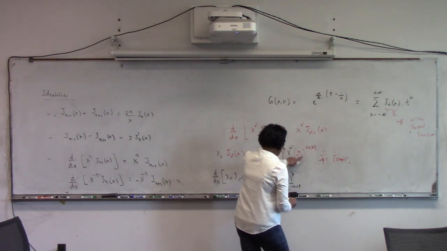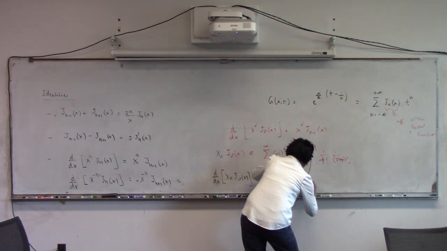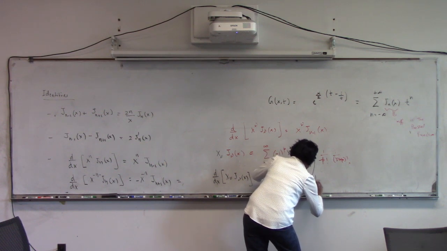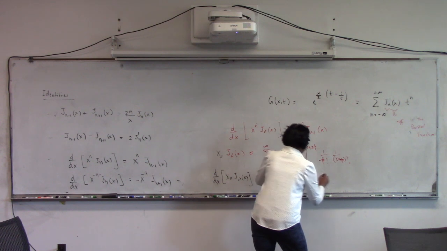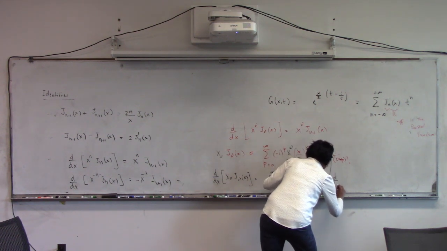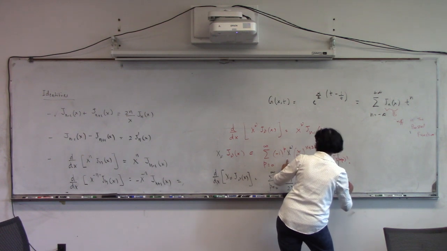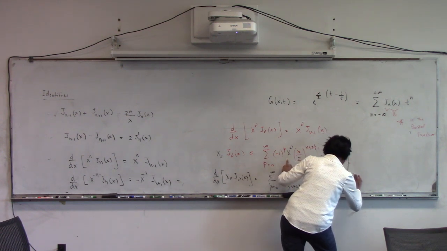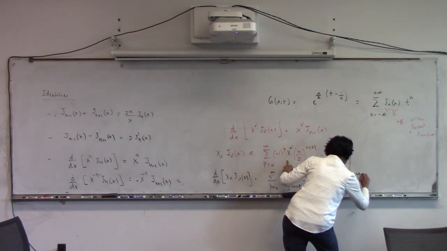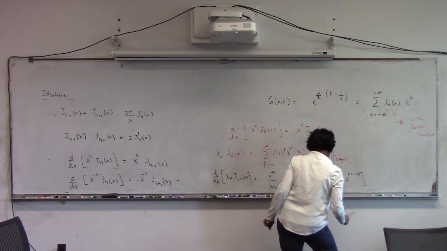Minus 1 to the power of p is a constant, and that is a constant. All I have to do is take the derivative of x to the power of 2 nu plus 2p. That's all I have to do.